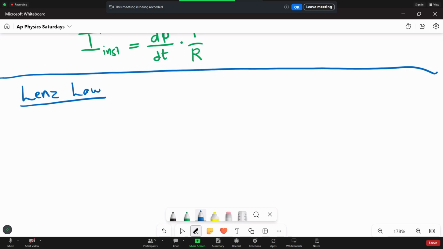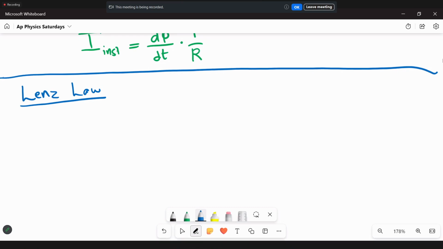We say that whenever there is change in flux, there is induced EMF and induced current in a coil. But we want to find out the direction of the current. We know there is a coil and some flux changing and induced current, but what is the direction of that current? How do we know that? That we get to know from Lenz's law.